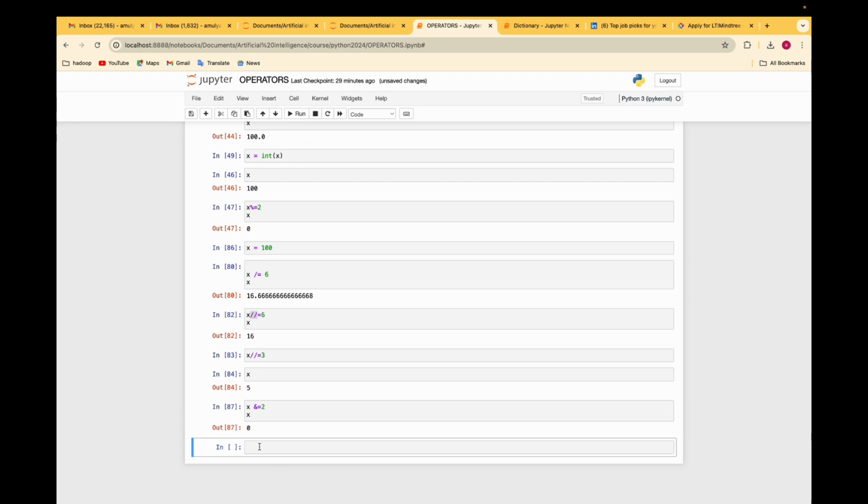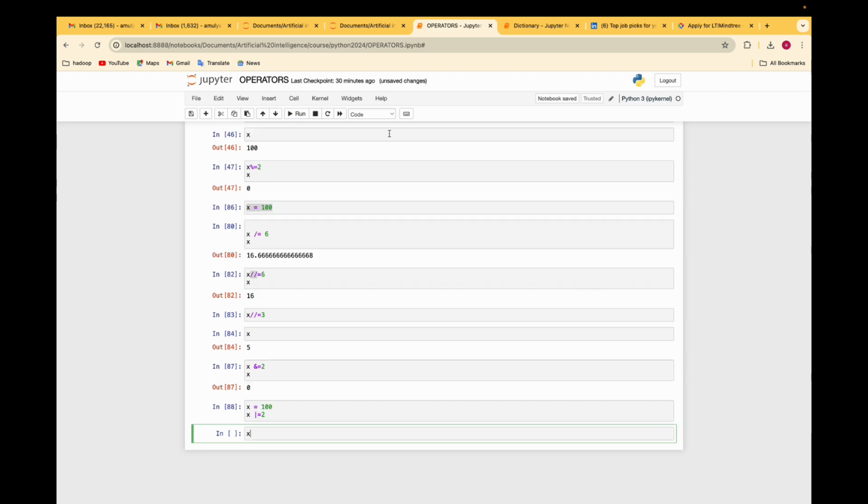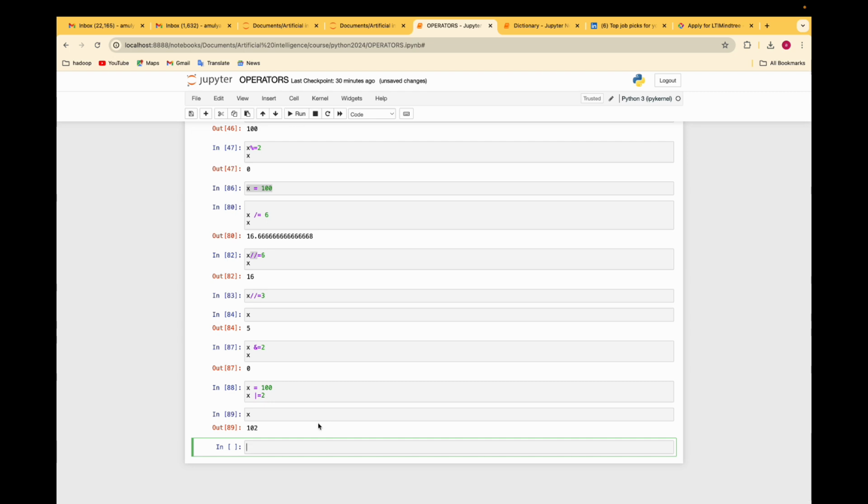Oh, it's 0 again. Because it's a bitwise and. How about x or equals to 2? Bitwise OR operation. I want to consider this again. Next value 1 or 2.